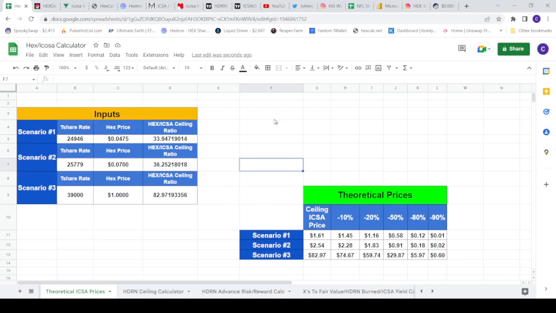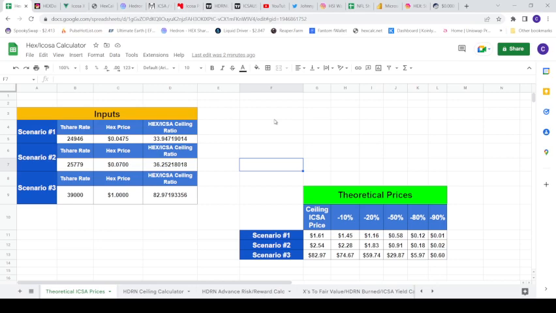Icosa is very rare. There's not a lot of liquidity for it. So if people want to get their hands on it in large sums, what are they going to have to do? They're either going to have to market buy it and move the price against themselves significantly, or they're going to have to buy Hex, stake it in an HSI, stake it 555 in an HSI, then sell it to the Icosa contract to get the Icosa, right?